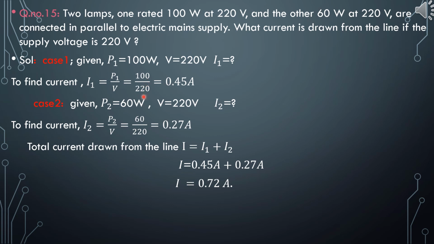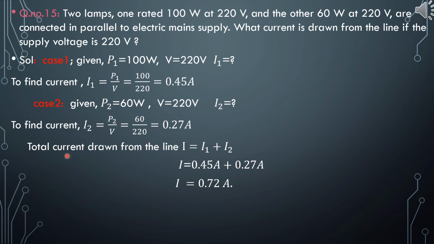When you take the ratio, the value is 0.45 amp. And in case 2, where power of the bulb is 60 watt and potential difference is 220, by using P is equal to VI formula, find the I2 value, that is I2 is equal to P2 by V, that is equal to 60 by 220, and that is equal to 0.27 amp.